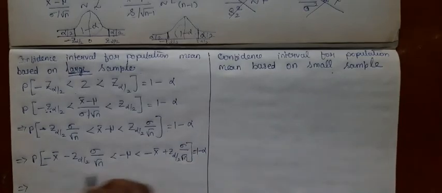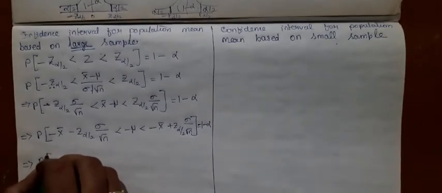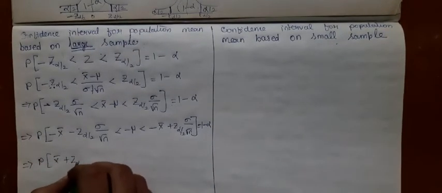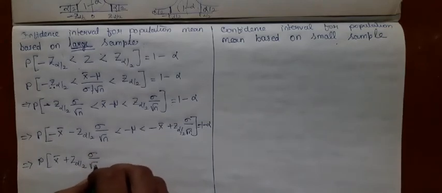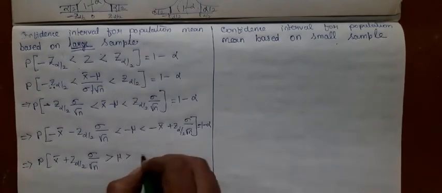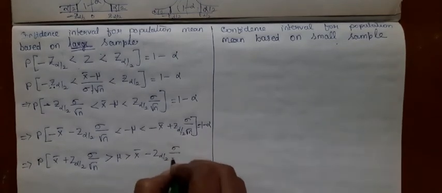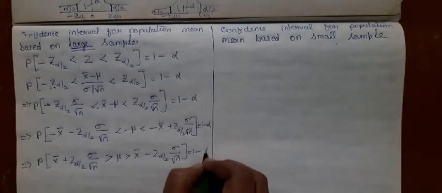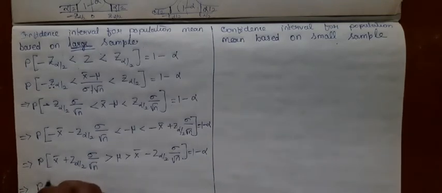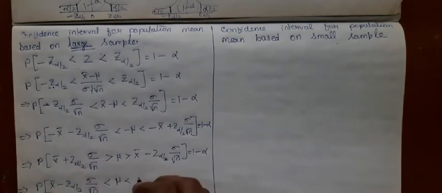You need the confidence interval for positive mu, not for negative mu. So multiply the entire inequality by minus 1. The direction of the inequality changes. It becomes plus, it becomes minus. And now reverse the inequality. Write this first, and now write this.